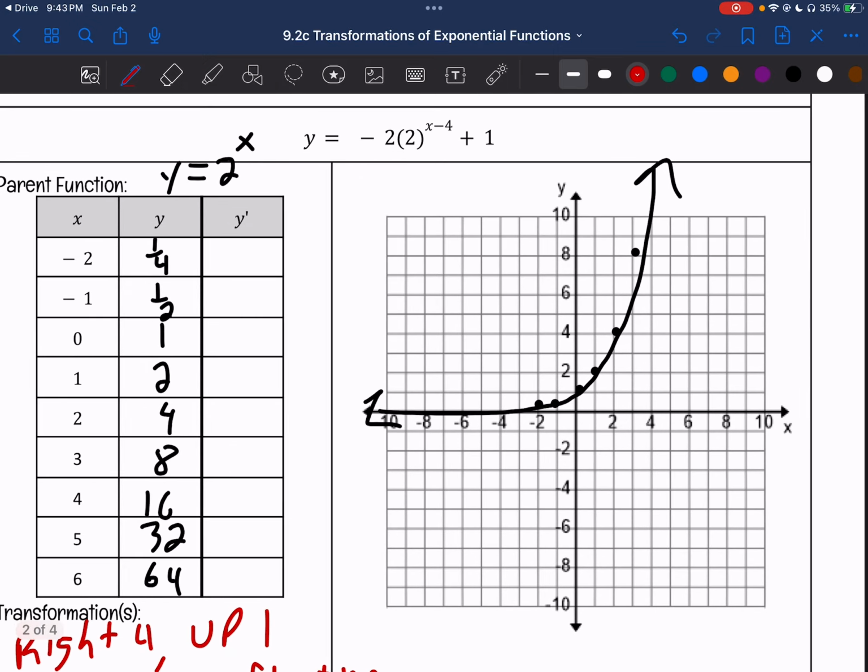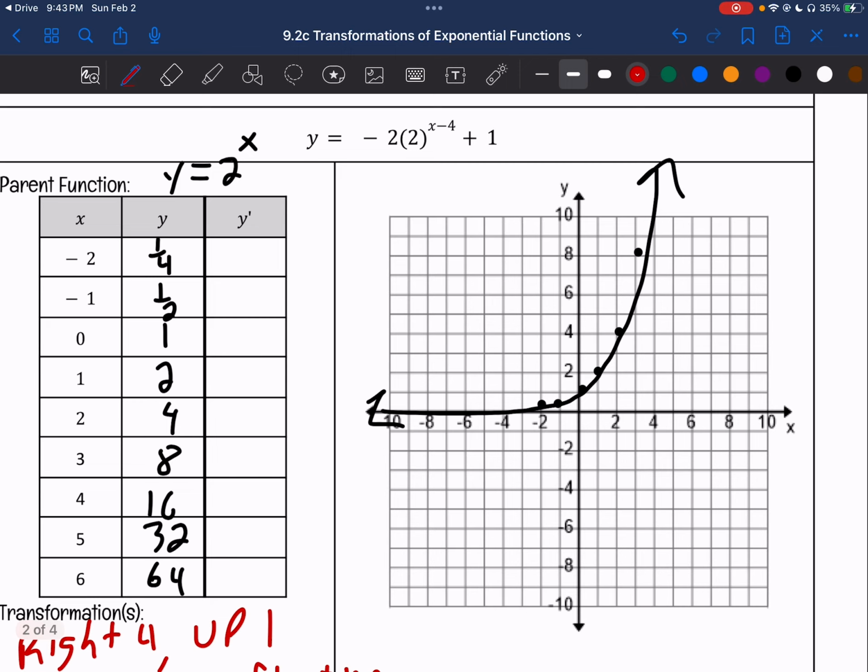So all kinds of stuff is going on. We are flipping it, moving it up, moving it to the right, and stretching it. So it's probably going to be easier for us to deal with this with data tables instead of trying to manage moving all of these pieces on our graph at one time.